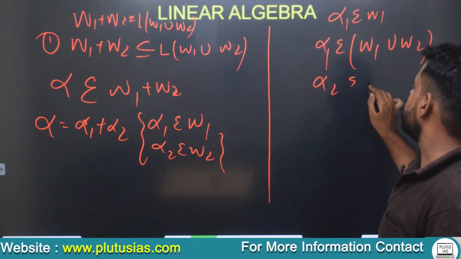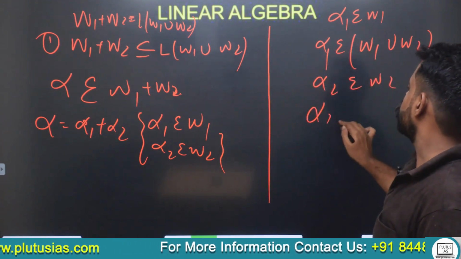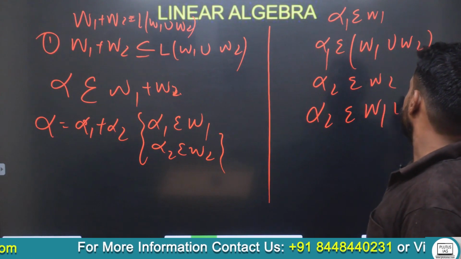Alpha 2 belongs to W2, then alpha 2 also belongs to W1 union W2.